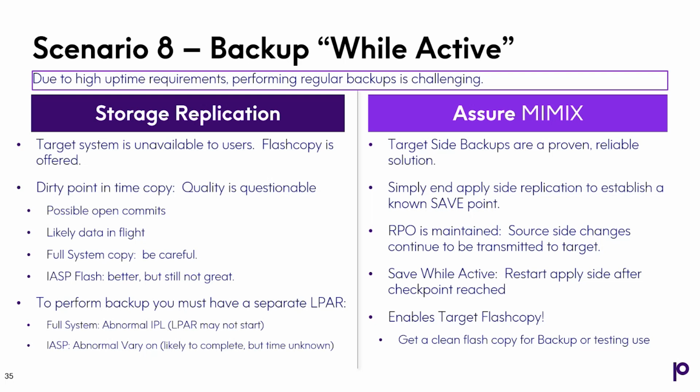Many people do target side backups with Assure Mimics. As I said, you can just end the apply job. It's easy. You can use regular tape backup technology, save while active on the Assure Mimics target side, and flash copy if that's interesting to you.